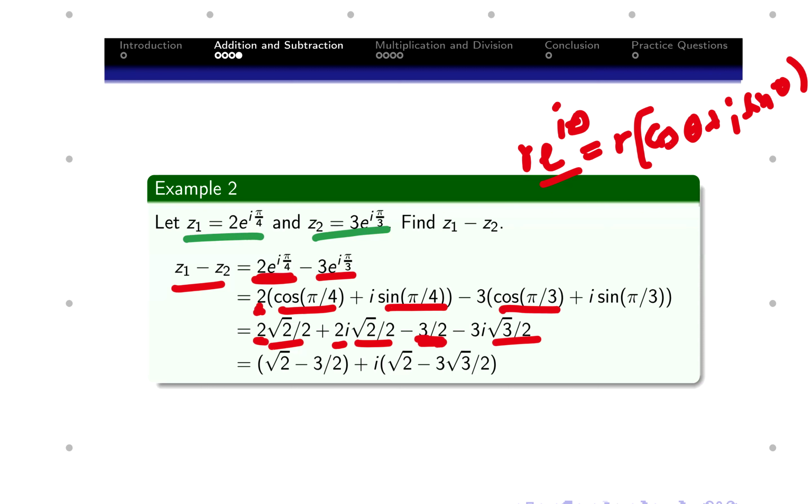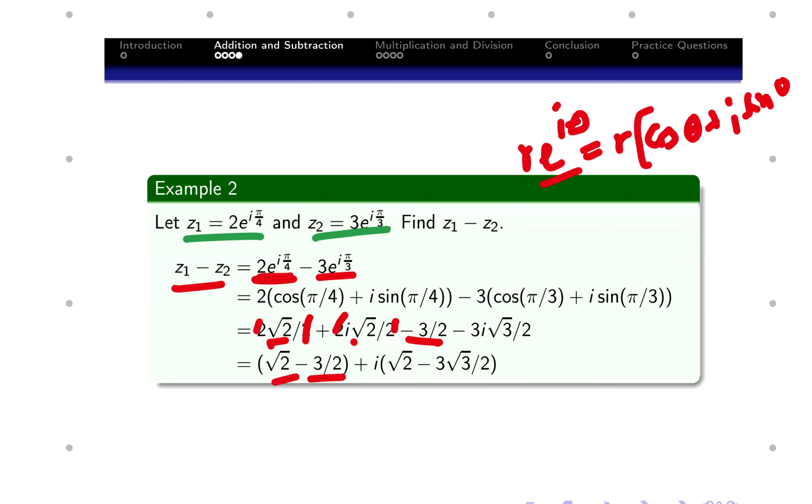And then you have some things canceling out, like we had in the case of addition. So 2 cancels 2. Then we add root 2, the real part, to minus 3 over 2, the real part, plus root 2 minus 3 root 3 over 2, like that.